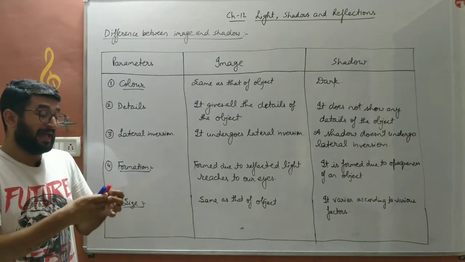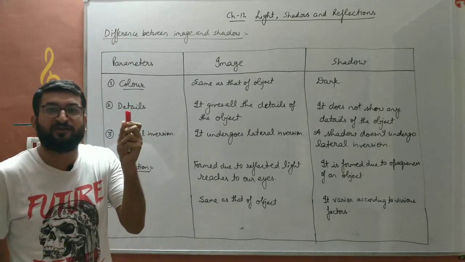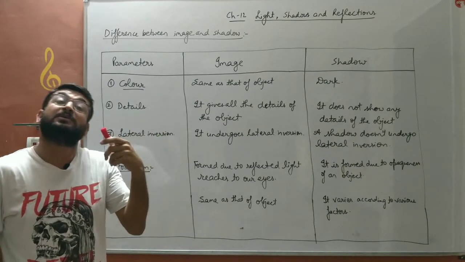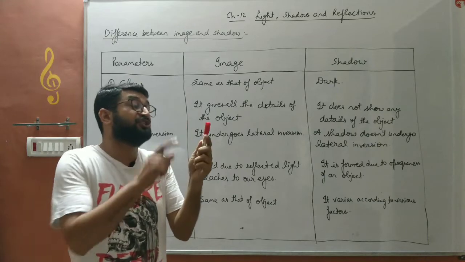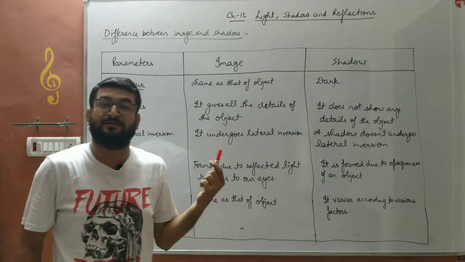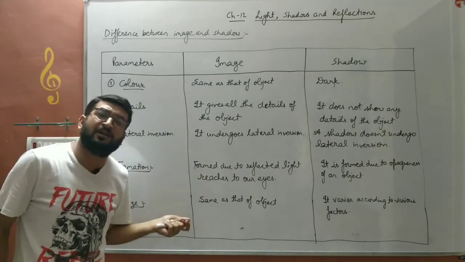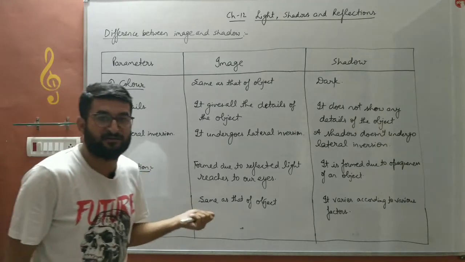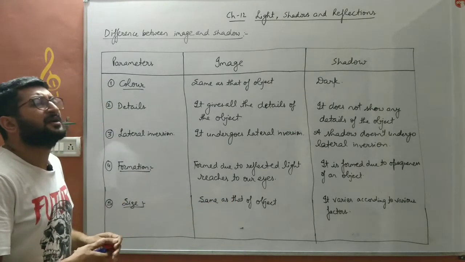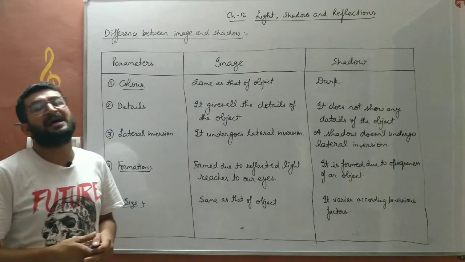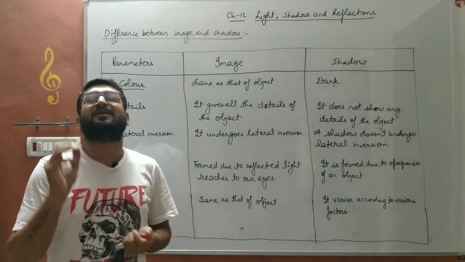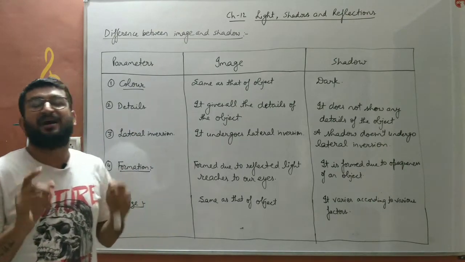If you place a red color object in front of a mirror, then the image is formed of the same color, whereas the shadow of this marker forms black. In fact, the shadow of every colored object is always formed dark, black in color. So the color of the image is the same as that of the object, whereas the color of a shadow is always dark.